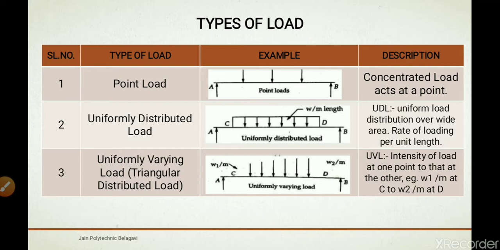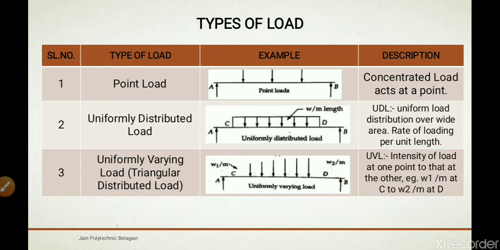So uniformly varying load, or it can be said to be triangular distributed load, is a load which spreads over the entire length of the beam or part of a beam in such a manner that the load varies uniformly on each unit length, known as uniformly varying load.